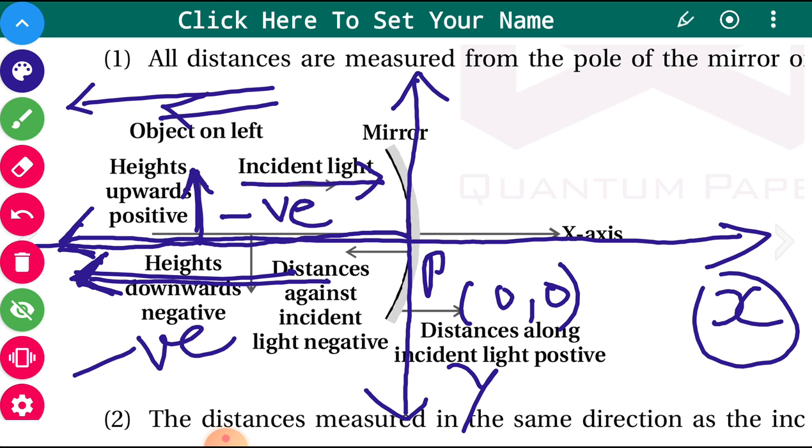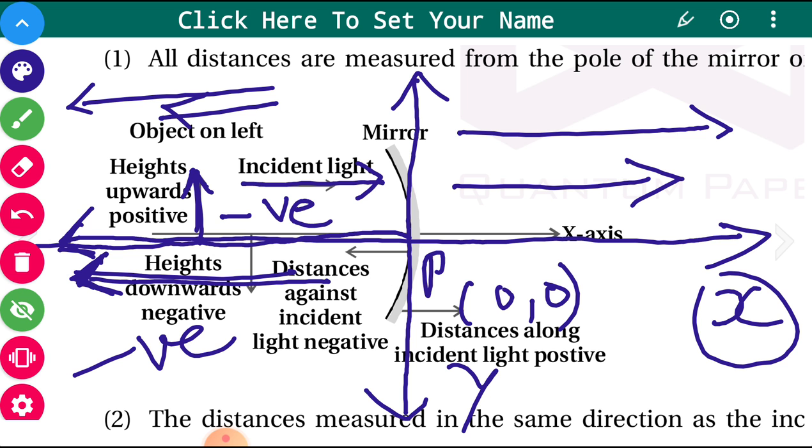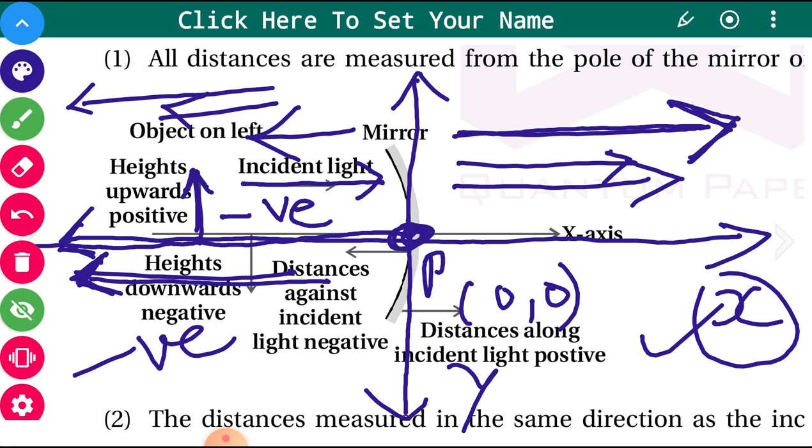And if you are measuring the distance in the direction of the incident ray, that is towards the right side, keeping your zero of the scale here at the pole, then that distance is positive, because the x-axis is on the right hand side. That way also you can remember, distances on the left side are always negative from the pole, and distances on the right side are always taken positive from the pole.